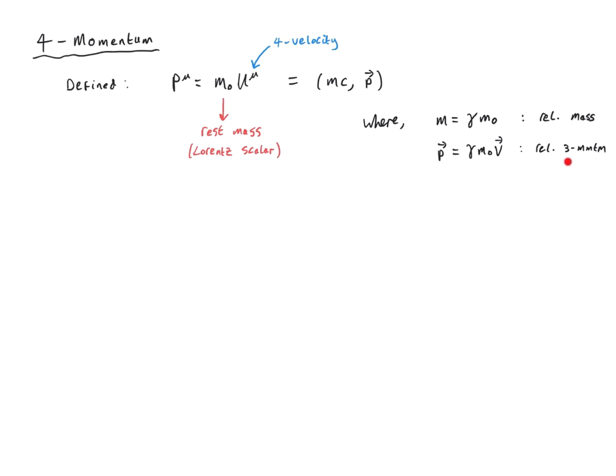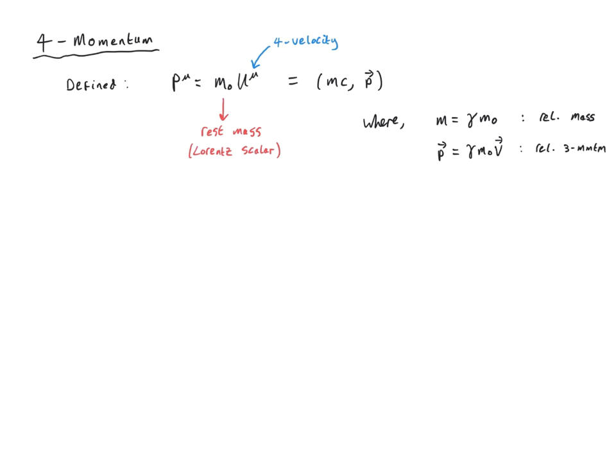Not the 4-momentum, but the 3-momentum, and it's relativistic because again we see this Lorentz factor gamma appear. It's gamma times the rest mass times the velocity. So here m0v would be the regular non-relativistic 3-momentum. We multiply it by the Lorentz factor gamma and we obtain the relativistic version.